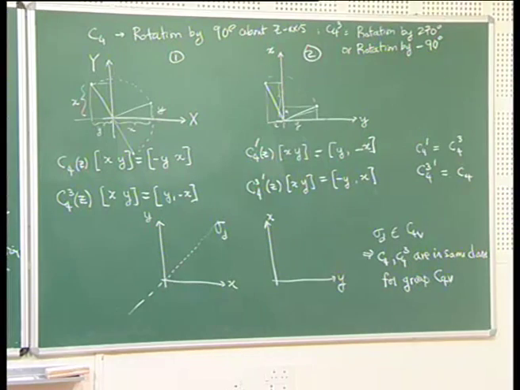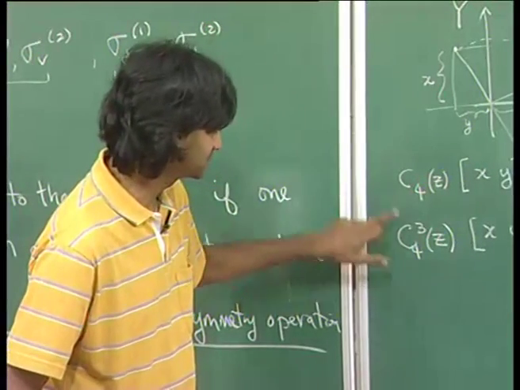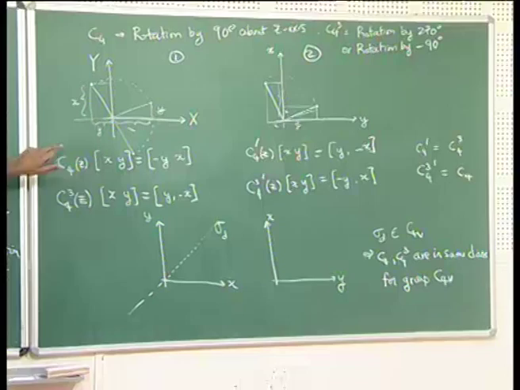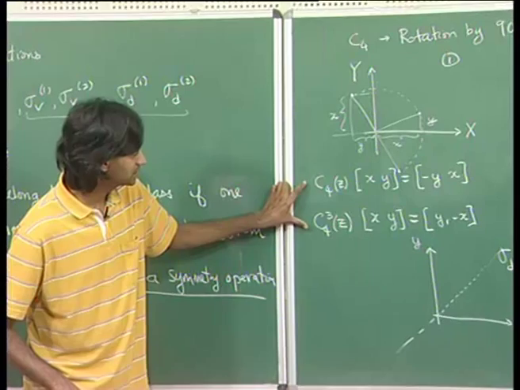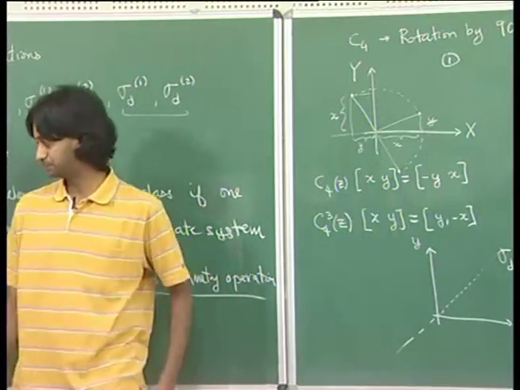Okay. So, there is something that is very characteristic of these symmetry operations, and it is that operations that are in the same class, they are related to each other through a simple coordinate transformation.